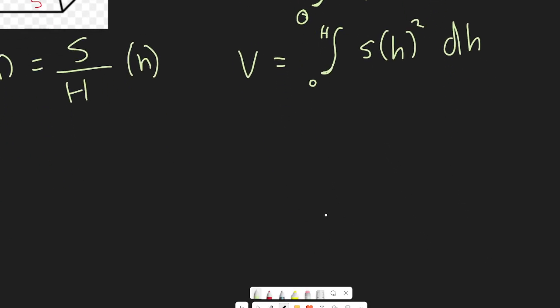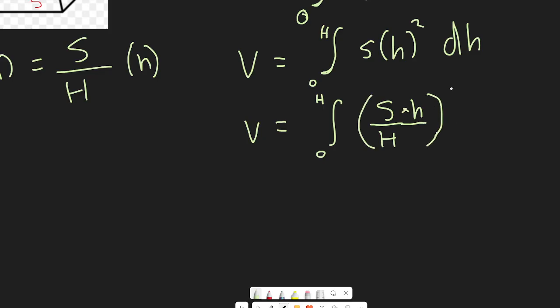And we get V is equal to the integral of 0 to uppercase H, and we do S divided by H. You have lowercase h there, so you're multiplying it. Now we have to square the whole thing, and then dh.